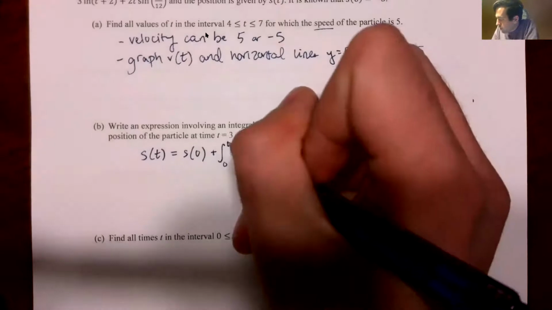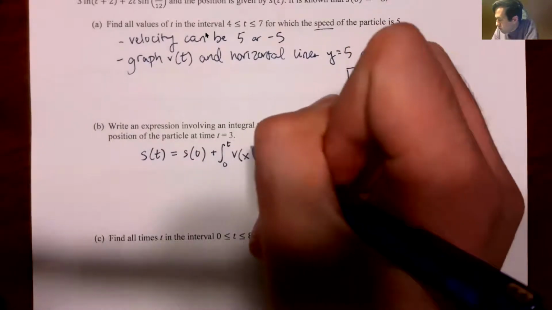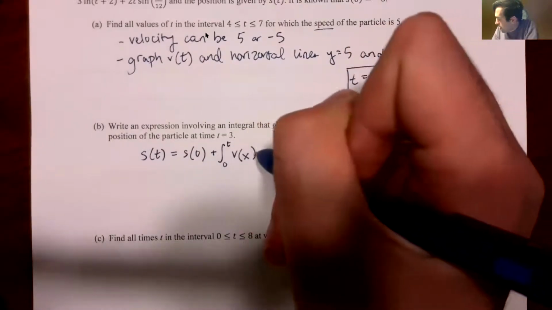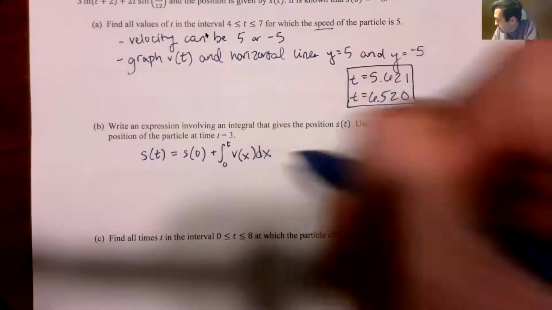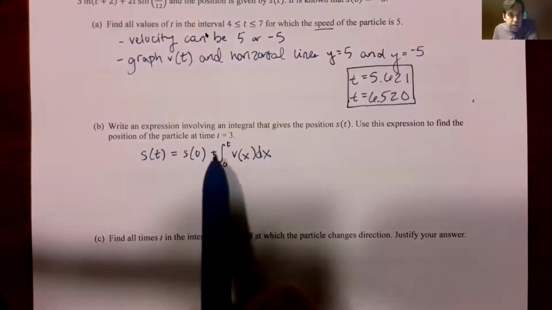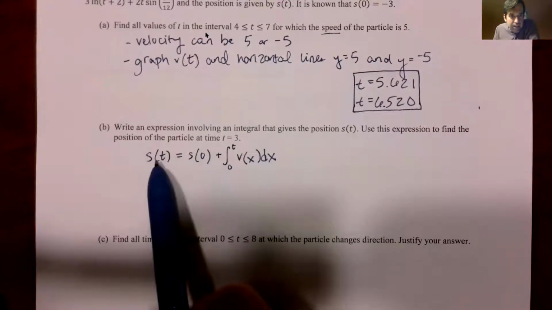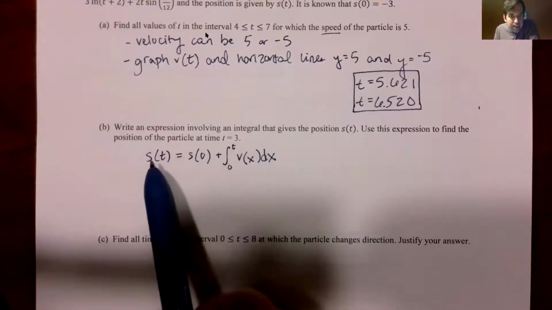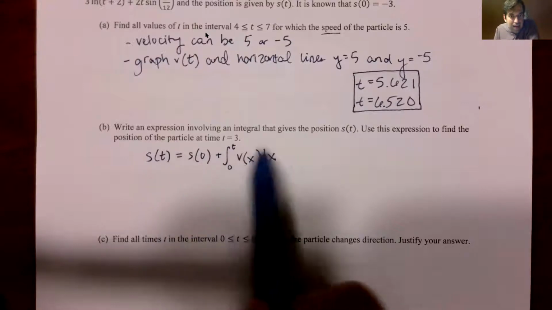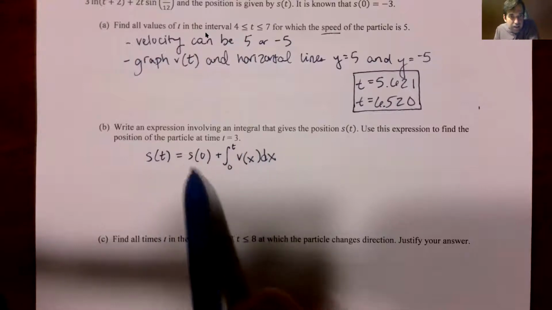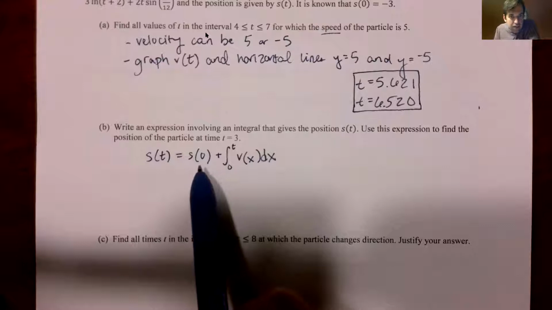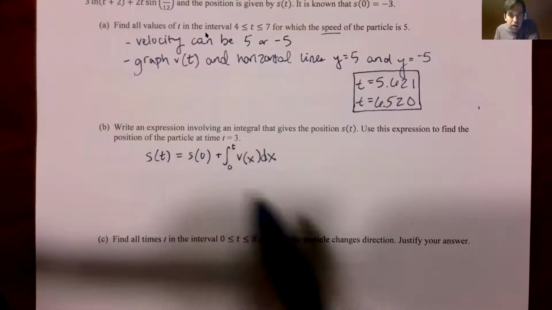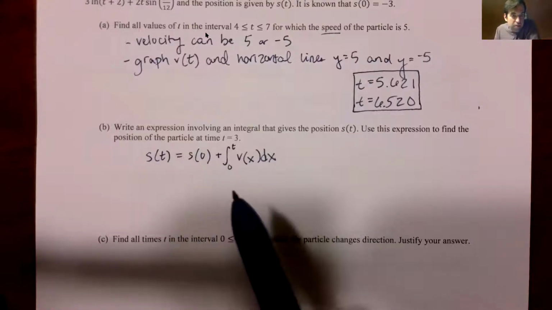And because we've already used t, I'm going to change the variable of v to x. So you can see that for any t that we plug in, we have this v function. We're going to go from 0 to that t value and add that area to the initial condition at s of 0. And that'll give us our position function.